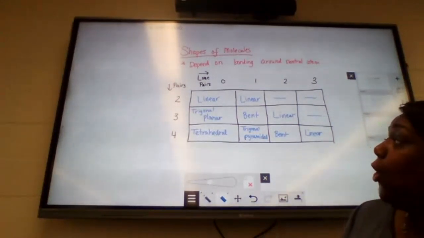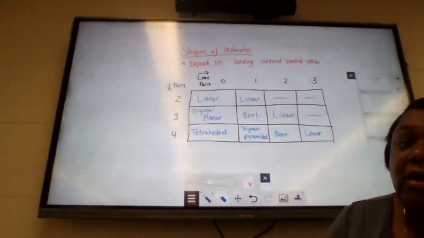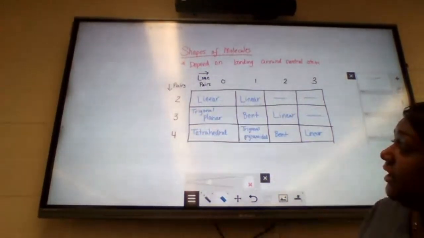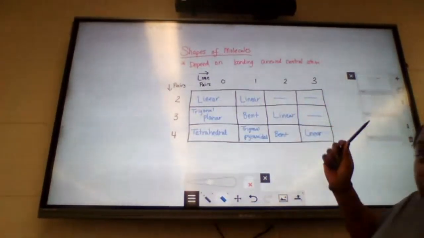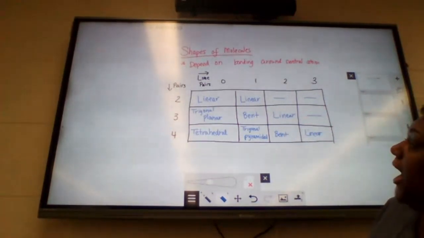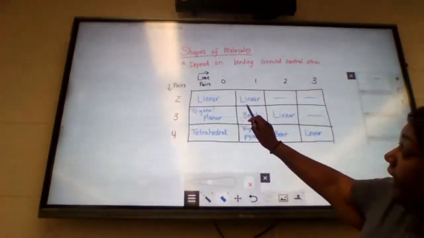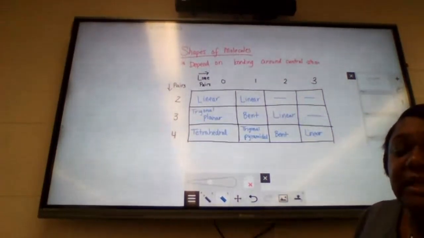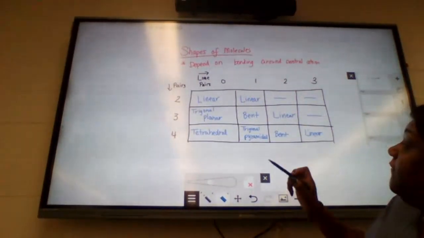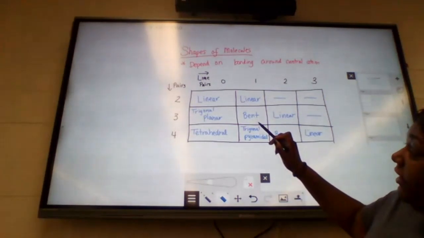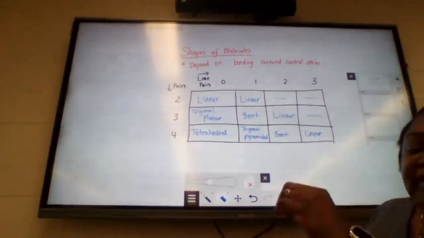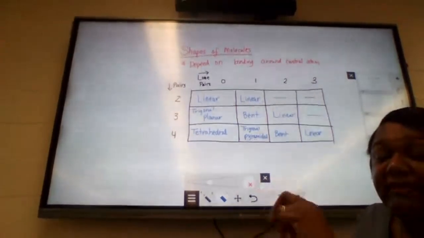Okay, so when you have, let's say you've got 2 pairs of electrons around your central atom only, if there are 2 pairs and there are no lone pairs, then that shape is always going to be linear. If you've got 2 pairs of electrons and one of those is lone pairs, and when I say lone pairs, I'm talking about dots.